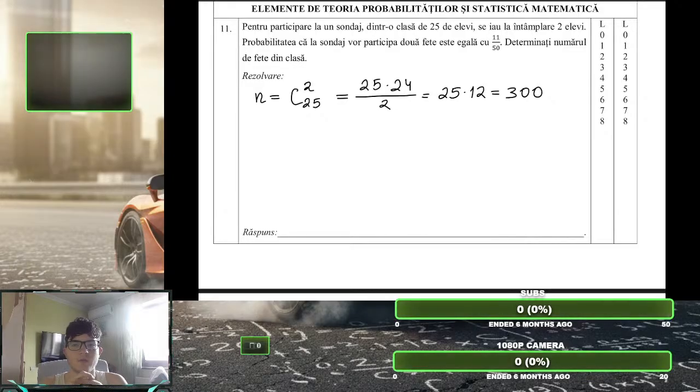And what else can we do here? We have the probability that only 2 girls will participate, which is 11 divided by 50.